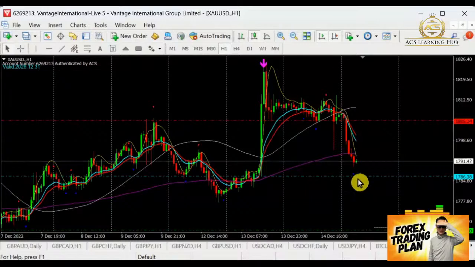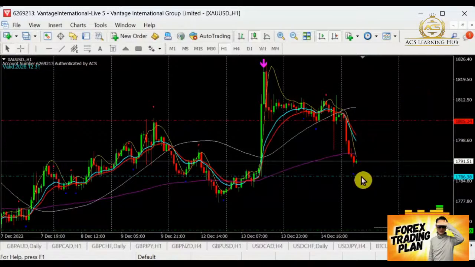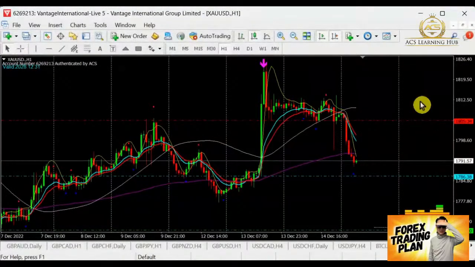This is the price that I'm looking out for before it starts to go buying again. So we can look out for a little bit of selling first, then after that it will go back to the general buying trend. For now, we look out for selling from 1791 into 1786. After that, I won't be looking out for selling anymore; I'll be looking out for buying. That is for gold.